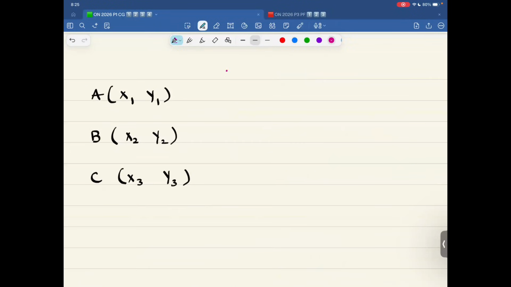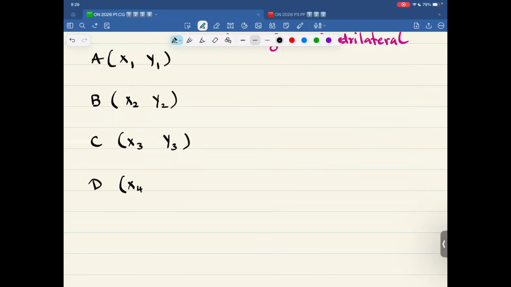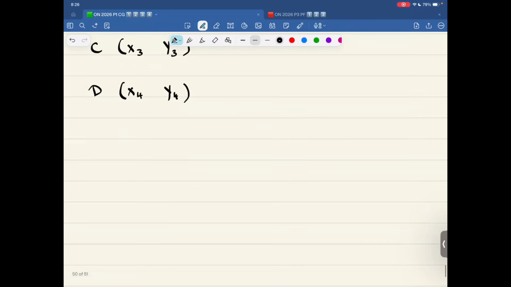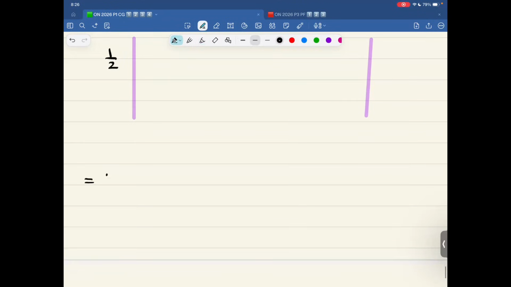Similarly, you can use it for the area of a quadrilateral. It doesn't make a difference whether it's a trapezium, kite, or any kind of parallelogram. So A, B, C, D, this is X4 and this is Y4. Area of a quadrilateral is equal to half, and then again I'll have half, first bracket minus the second bracket.